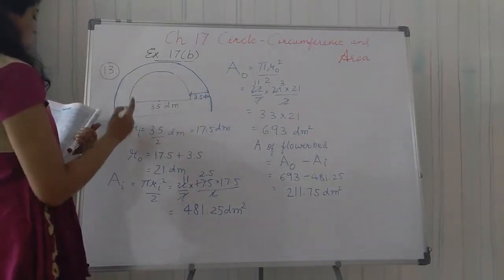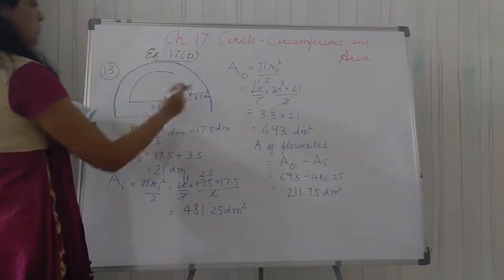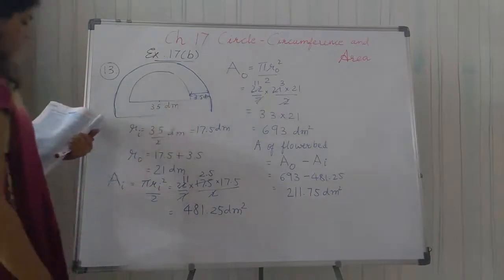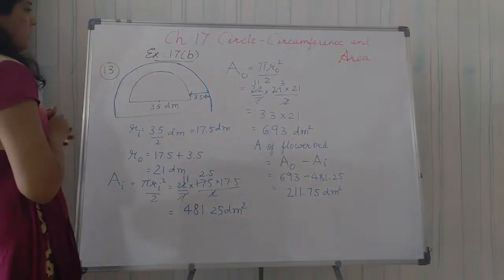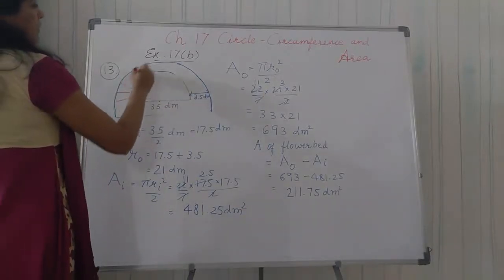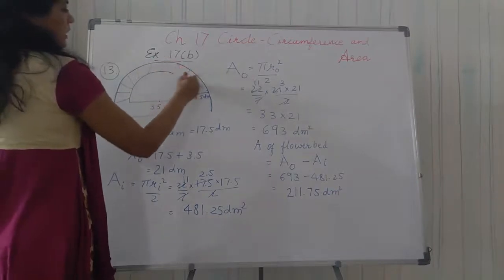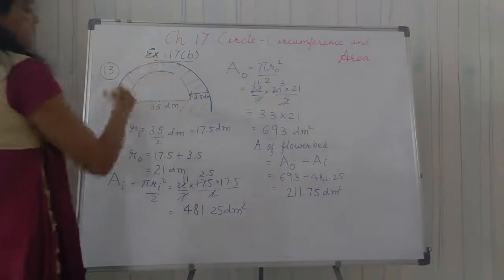Right? Now the lawn is surrounded by a flower bed whose width is given as 3.5 dm all round. So we want to find the area of the flower bed. This is the part of the flower bed which I am shading with red color. So we want to find the area of this shaded part.